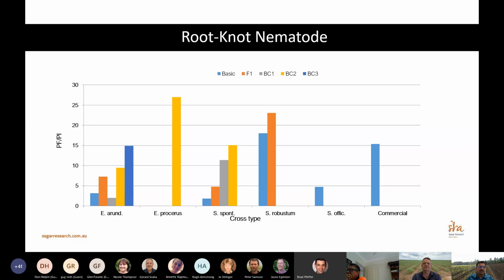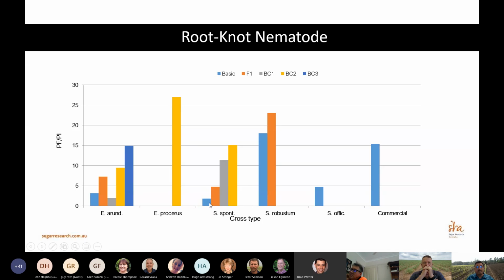You can see from this graph, the colors indicate the basic F1, backcross 1, backcross 2, up to backcross 3. If you look at the basic clones of spontaneum and Erianthus, they are more resistant.